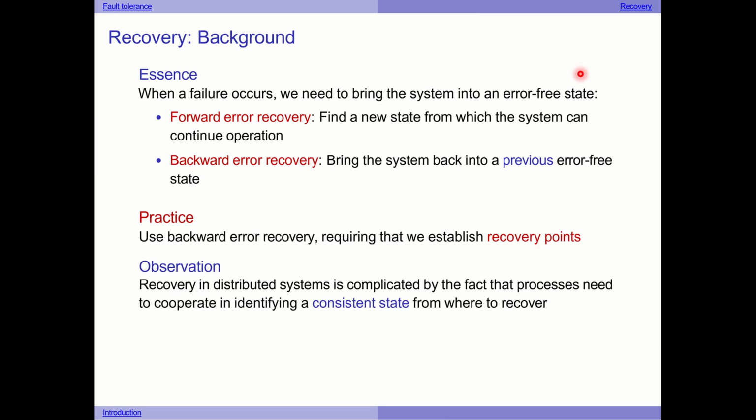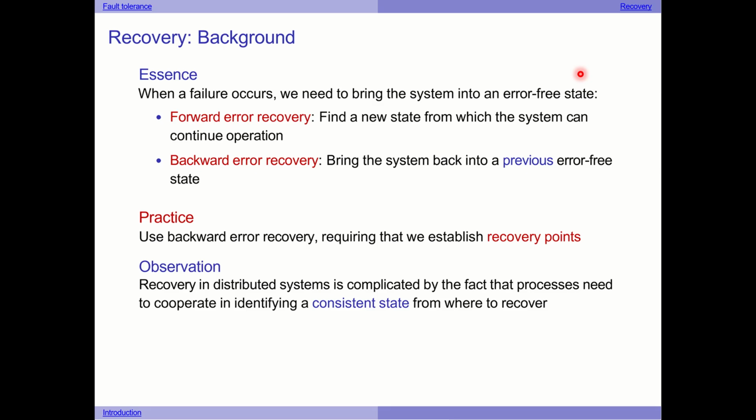So then we have another type of recovery, which is backward error recovery. In backward error recovery, we bring the system back into a previous error-free state. The system will record its state from time to time.